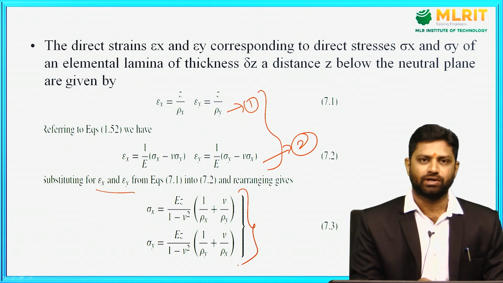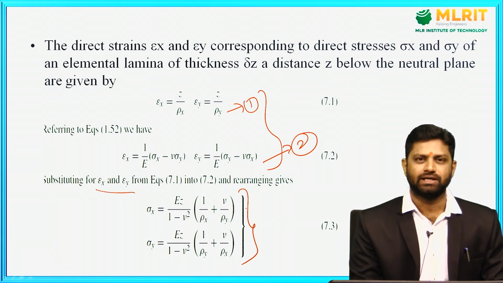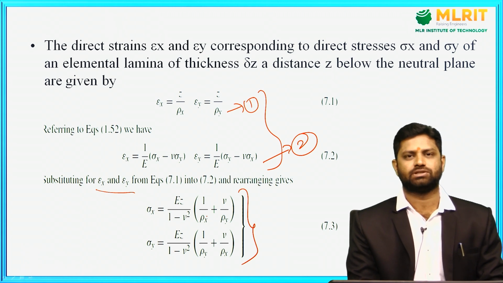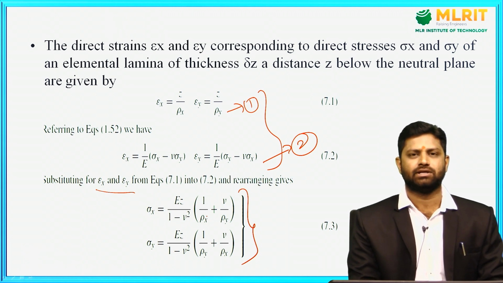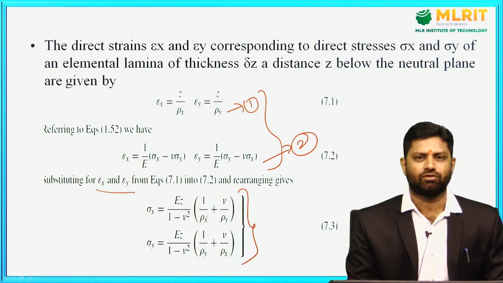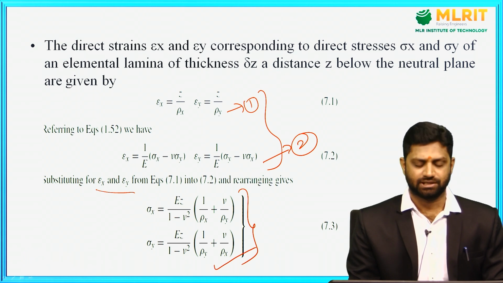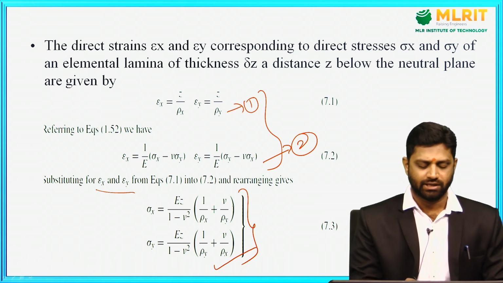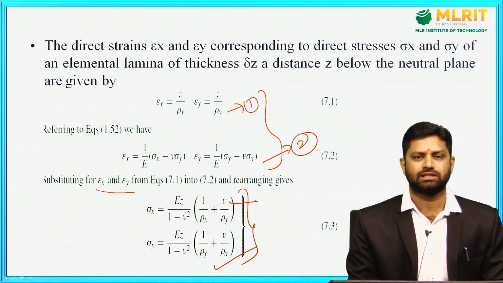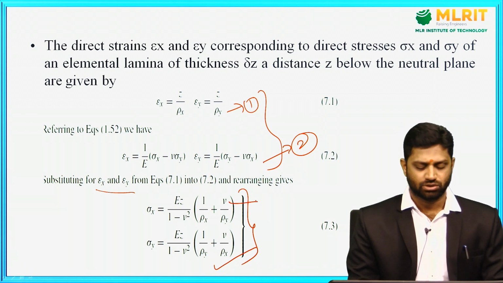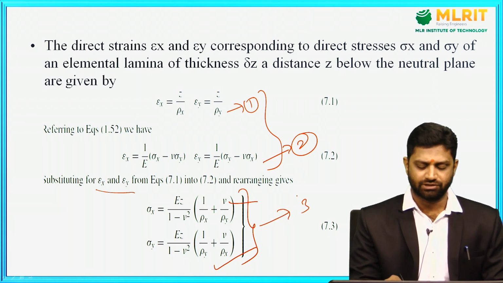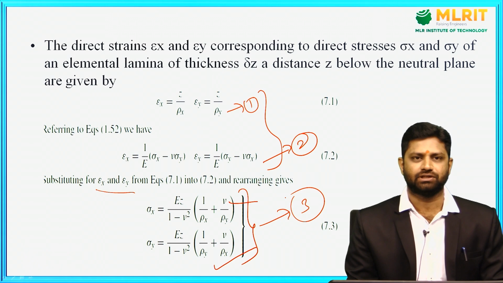So sigma x is equal to Ez divided by 1 minus nu square into 1 by rho x plus nu by rho y. Similarly, the expression for sigma y is equal to Ez divided by 1 minus nu square into 1 by rho y plus nu by rho x. Here nu is nothing but the Poisson's ratio. So now let us assume these two equations together as equation 3.